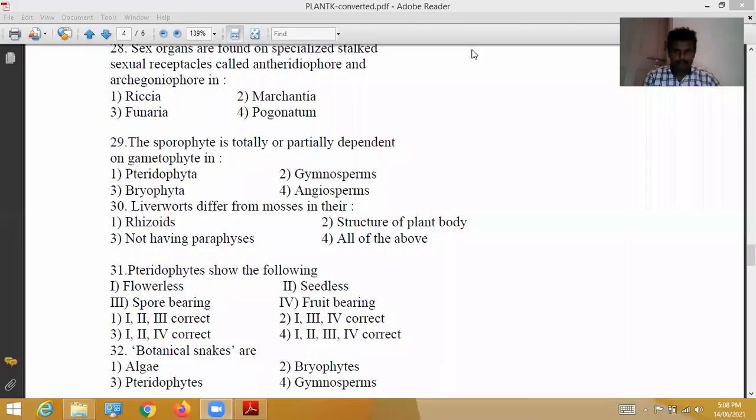Our next bit is 29. The sporophyte is totally or partially dependent on gametophyte. In which of the following? Generally, rhizoids will be there, and from above we can see the gametophytic structure.